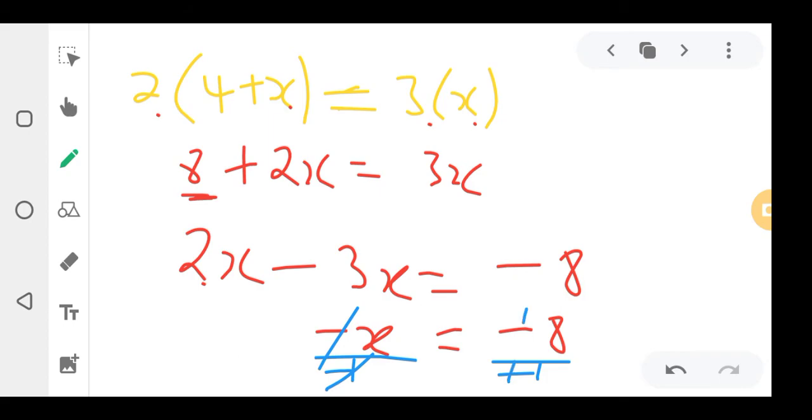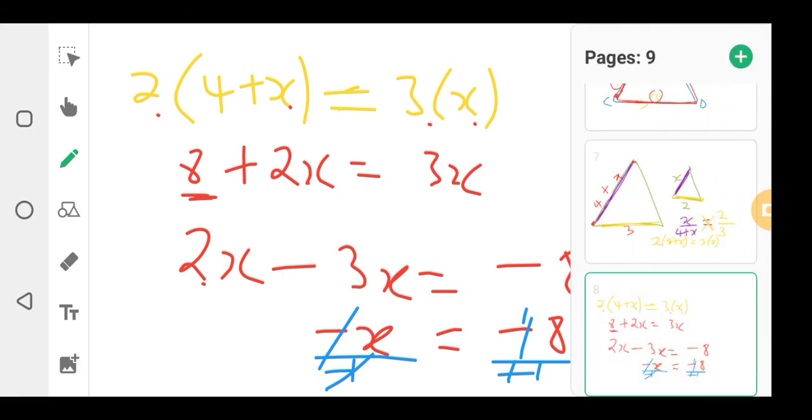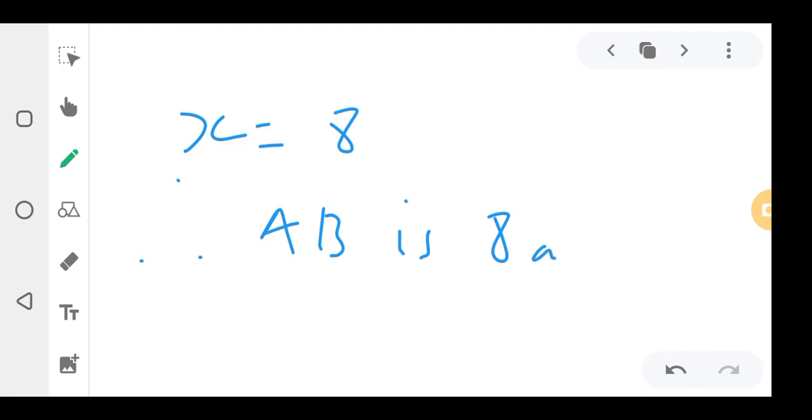These two negatives cancel, so x is equal to 8. Therefore, AB is 8 centimeters. Have you seen the way we have done this? That's how you do it.